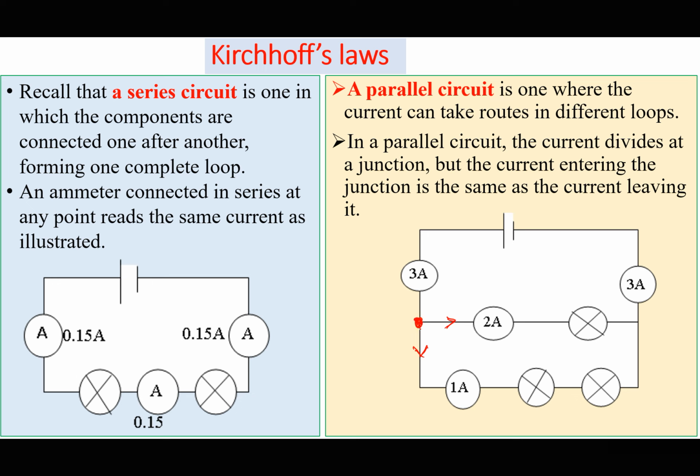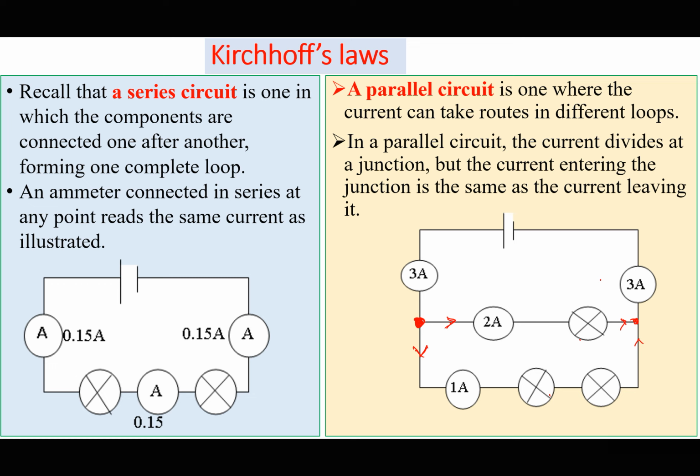But the charges divide at this point while total charge remains the same, so total current should also remain the same. The 3 amperes divides at a junction depending on the size of these resistors. At the other junction, the currents recombine to form back the 3 amperes. That is if the circuit is a parallel circuit.